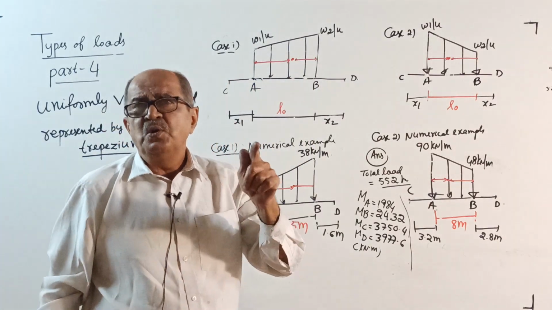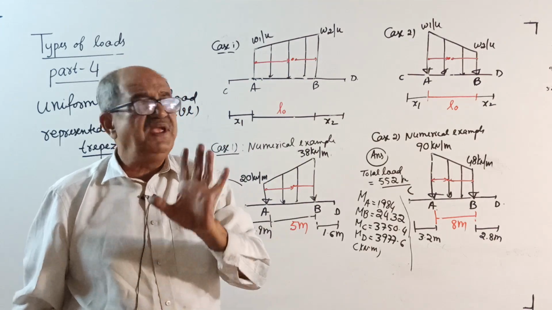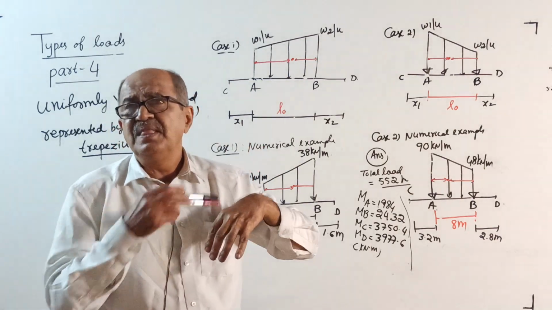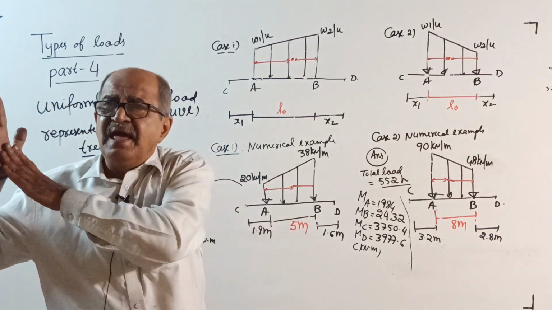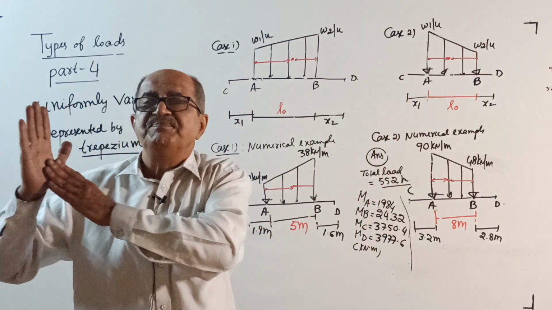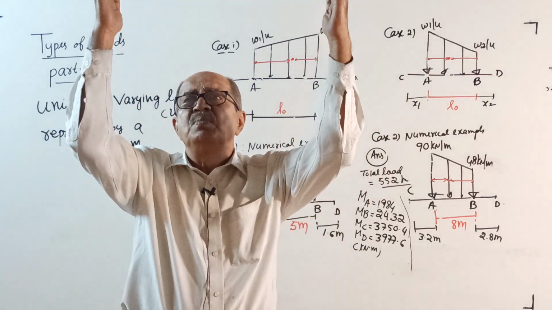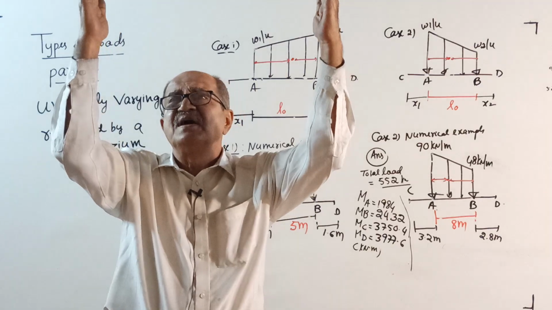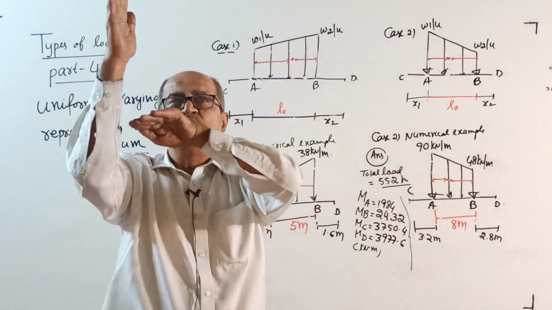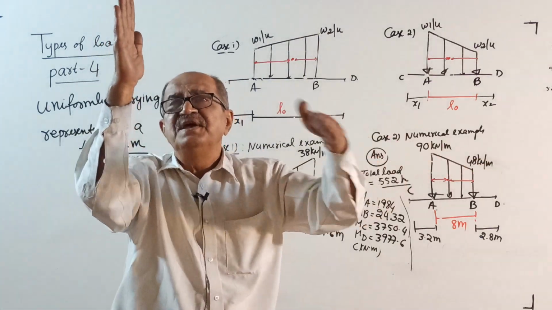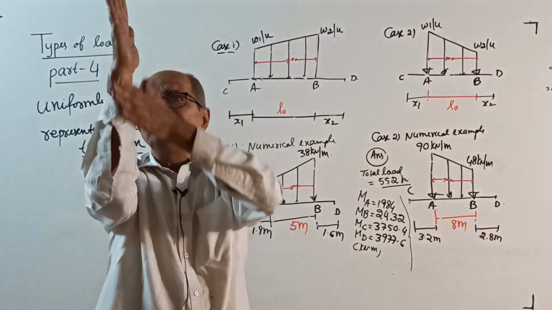If you want to locate centroid for a trapezium, I am telling trapezium, first you decide it is always located along the loaded length, this way. There are two parallel sides, they are intensity of loads, this way. When you want to measure this way distance, measurement is from this side.